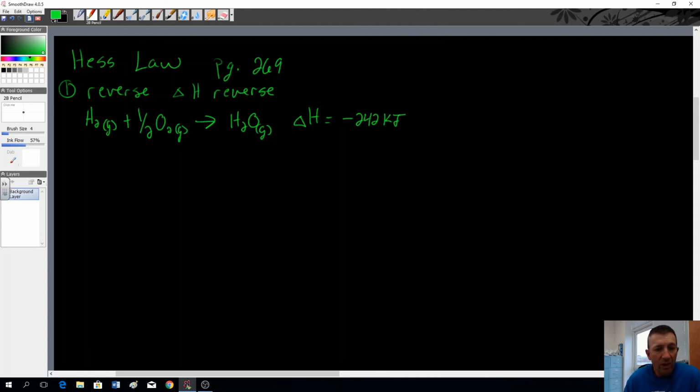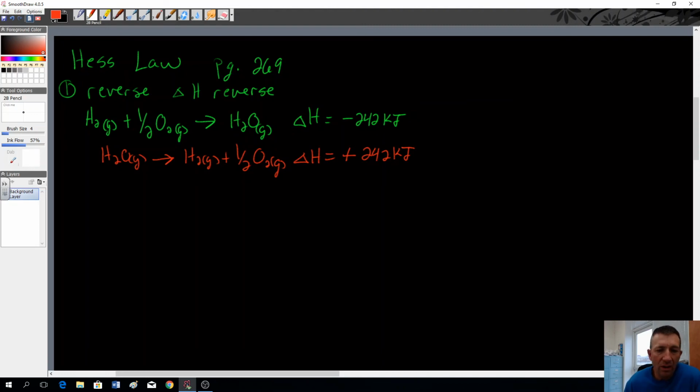Now if we reverse the reaction, in other words, we take the H2O, the product, and put it on the reactant side, this reverse reaction becomes H2O gas yields H2 gas plus 1/2 O2 gas. And if we reverse the reaction, we have to reverse the sign of the delta H. So this now becomes a positive 242 kilojoules.